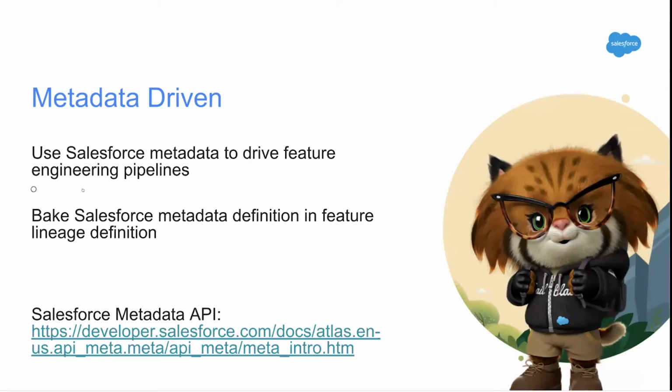Next is the multi-tenant architecture, which makes our customers' data models very extendable. Because our customers' data is metadata driven, we also needed our feature generation process to be metadata driven too. And the interesting part is Salesforce does have a whole set of metadata APIs. Those metadata APIs are object entities too.